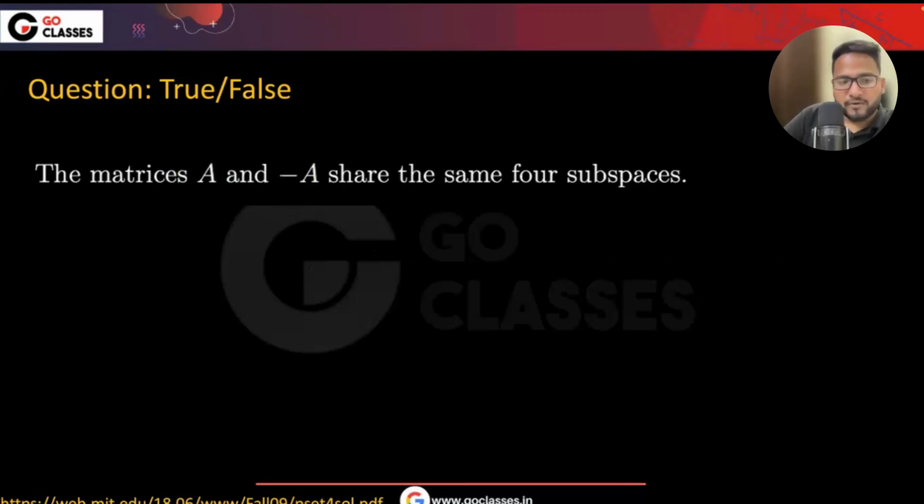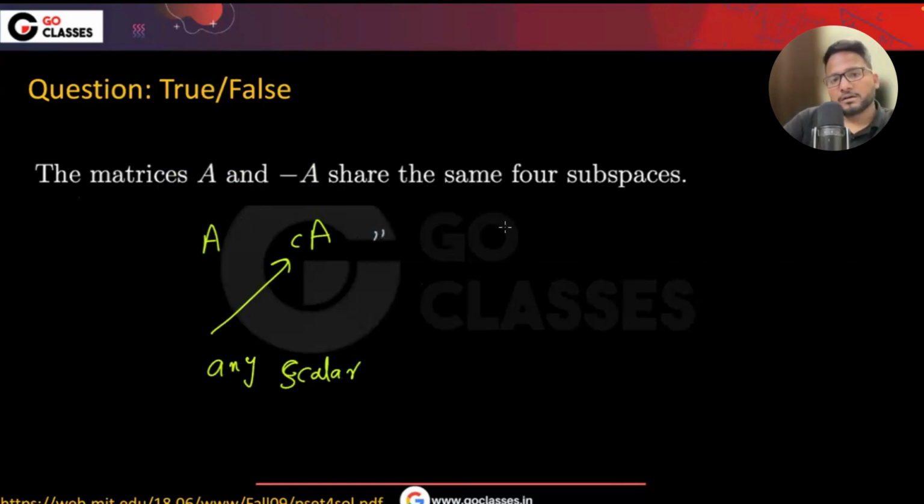In fact, in general you can say this is A and CA, C being any scalar, sharing the same four spaces. Is this also true or false? This is also true, because whatever space of A is there, it is just a multiplication by C, and you can always multiply by C in those basis vectors. Yeah, C cannot be zero. So non-zero.